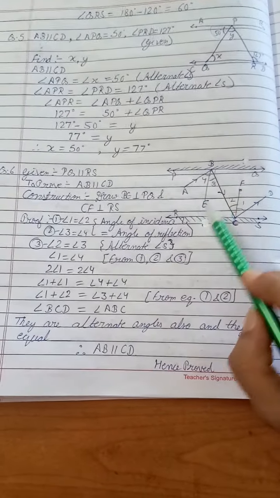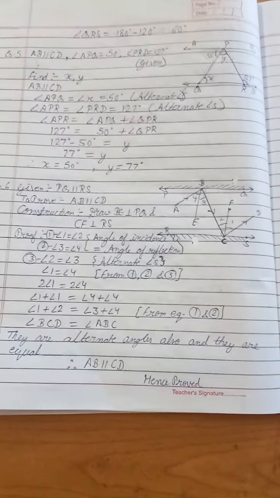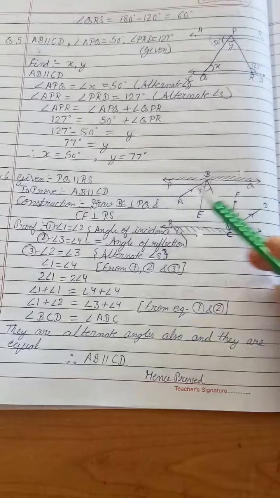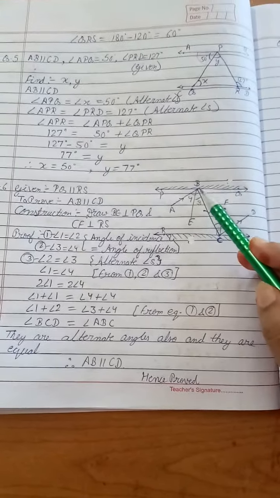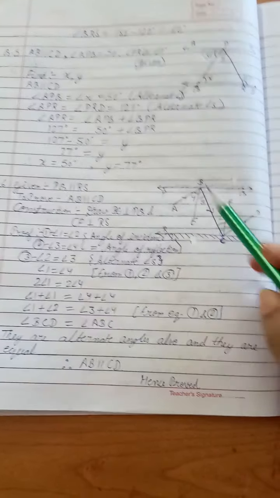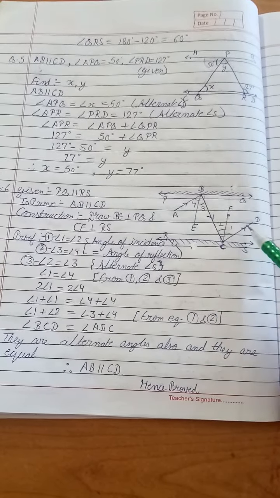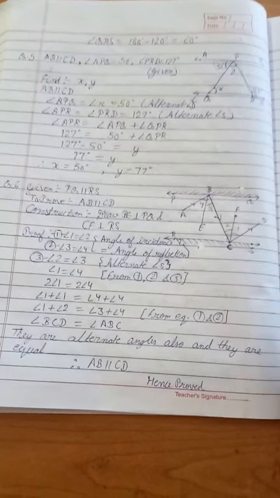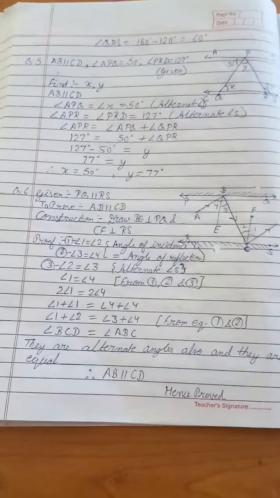So we can say that PQ is parallel to RS, and an incident ray AB strikes the mirror PQ at B. This incident ray is striking PQ at B, and the reflected ray moves along the path BC and strikes the mirror RS. And this ray reflects from this mirror and goes along CD, reflecting back again along CD. Now we have to prove that this AB is parallel to CD.